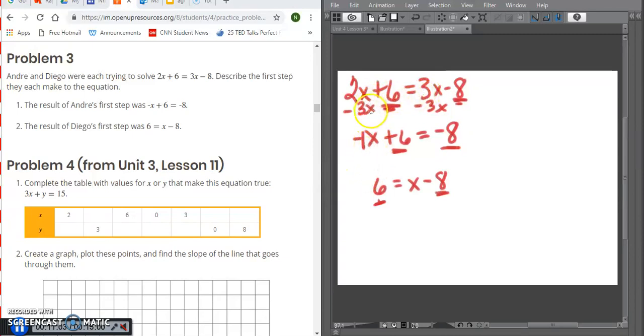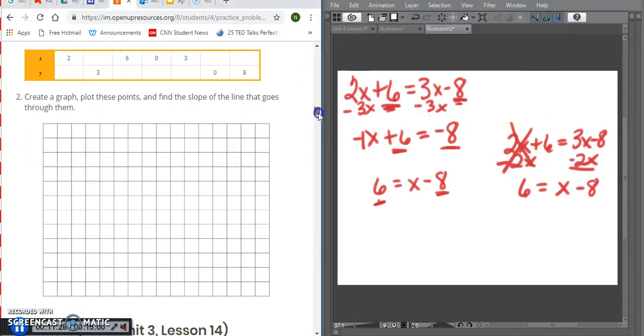So Diego subtracted 2x. So if I had this, 2x plus 6 is equal to 3x minus 8, Diego said subtract 2x from both sides. And then that will cancel out, disappear from that side and appear on this side, and be 6 is equal to x minus 8.